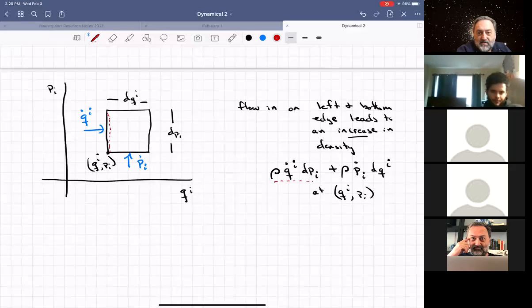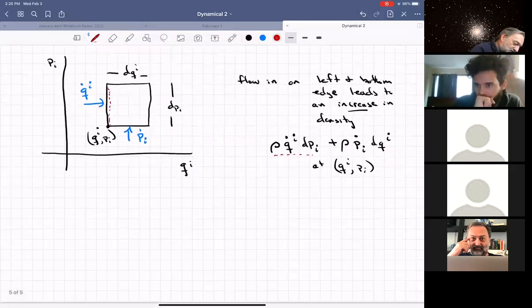And the number of points coming in on the bottom edge is rho p dot i dqi. People okay with that? Feel okay with that? All right, so that's the points increasing the density.